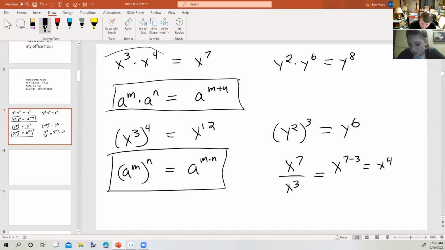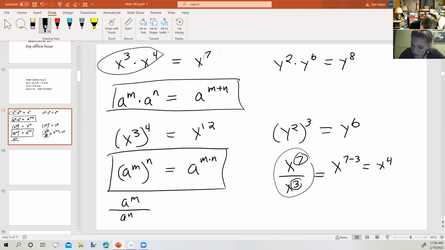Multiplying two powers with the same base, we add the exponents. Dividing two powers with the same base, we subtract the exponents, and we subtract the bottom exponent from the top exponent, not the other way around. So in general, a to the m over a to the n equals a to the m minus n.